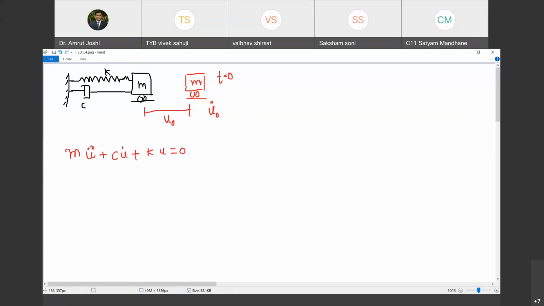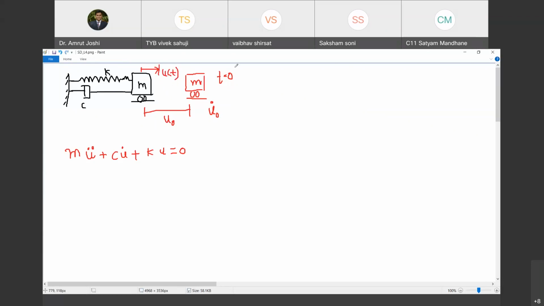U double dot stands for the double differentiation of position of this mass m. Its position at time t will be described as u of t. Mind you, t is the argument. It is not u multiplied by t. So at time t, the position of mass is u of t.